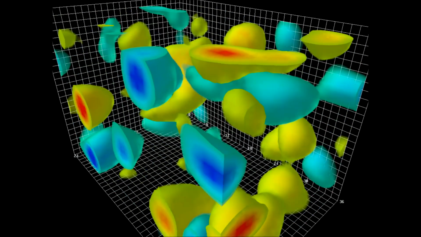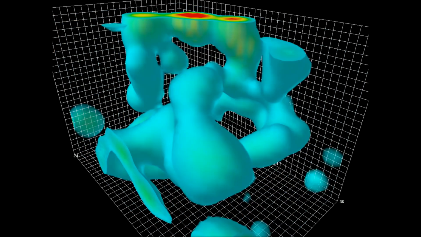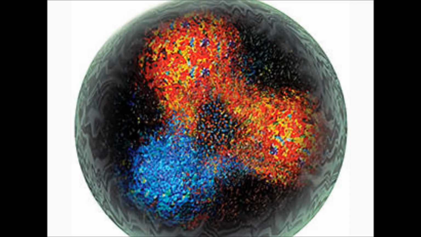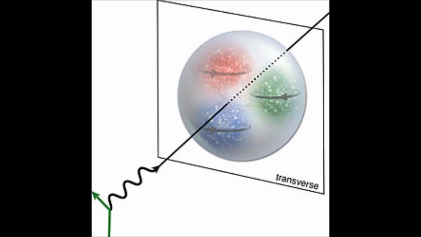In the same way, when we scatter electrons from a proton, if we measure the speeds or the momenta of the electrons that are bounced back, they reflect the distribution of momenta of pieces inside the proton. And so it's this experiment that we've done, to watch the distribution of momentum of electrons that have been bounced back from a proton, to determine what the momenta are of the pieces inside.